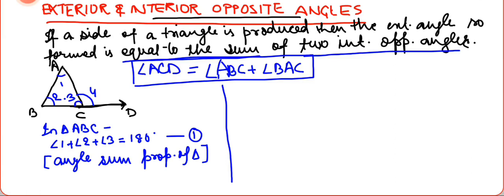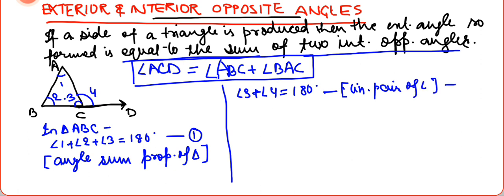Therefore this is a straight line. So here angle 3 plus angle 4, since it is a straight line, the angle so formed will be equal to 180 degrees. This is due to the linear pair of angles. Okay, linear pair of angles. So let us consider this is equation 2.